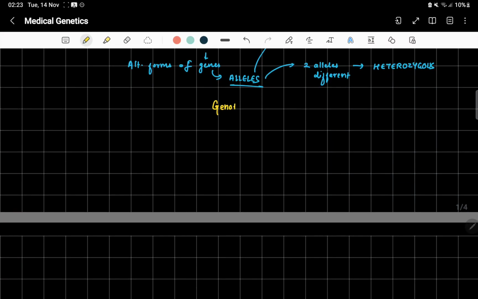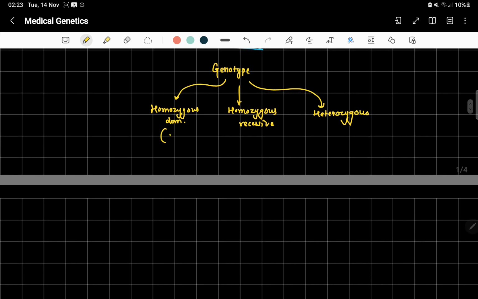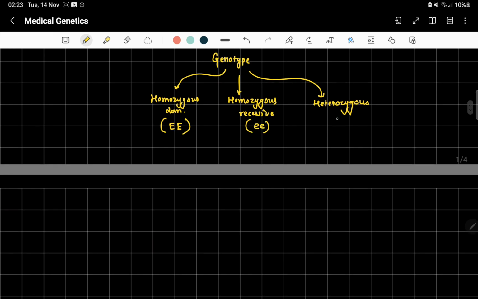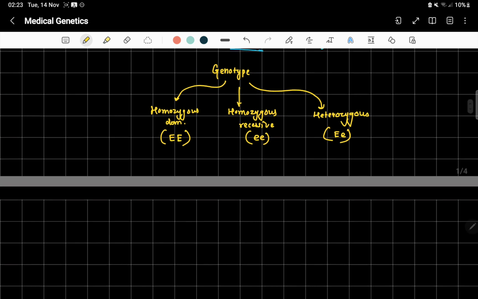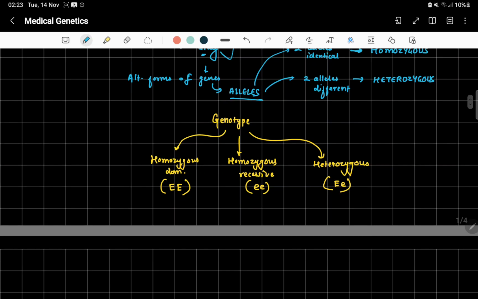Genotype is of three types: homozygous dominant, homozygous recessive, and heterozygous, like EE, ee, and Ee.